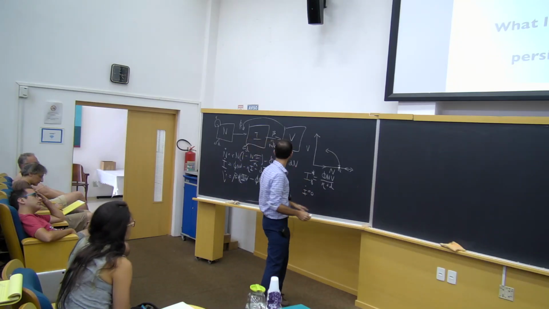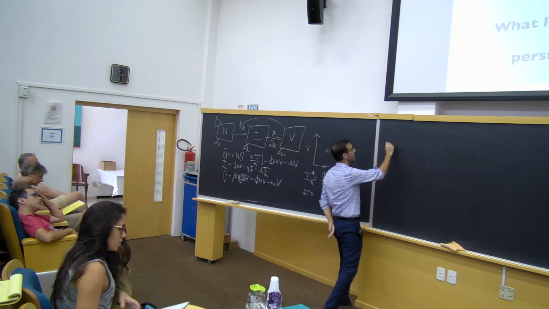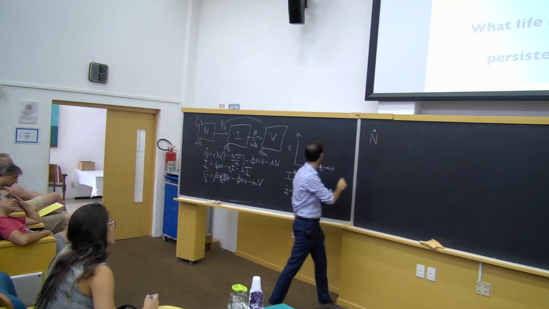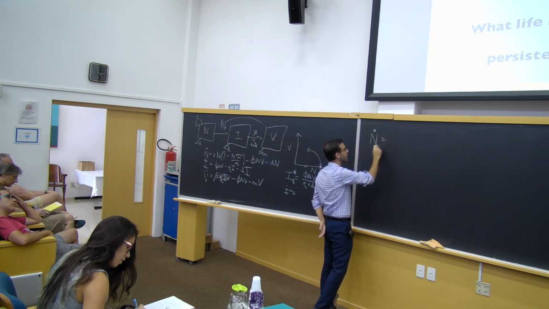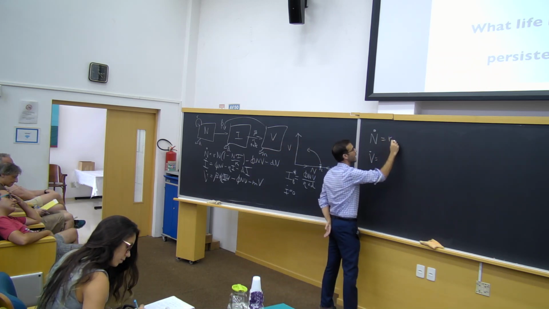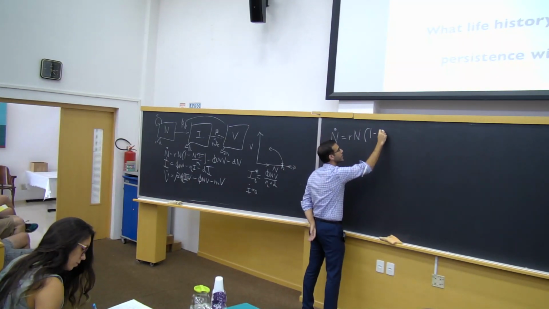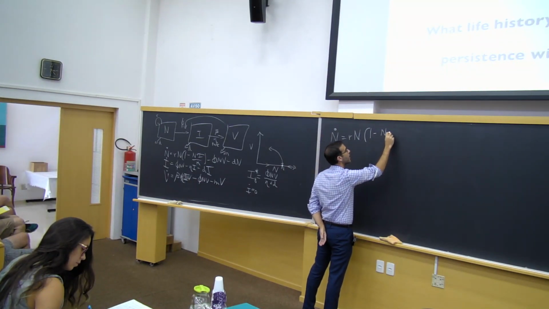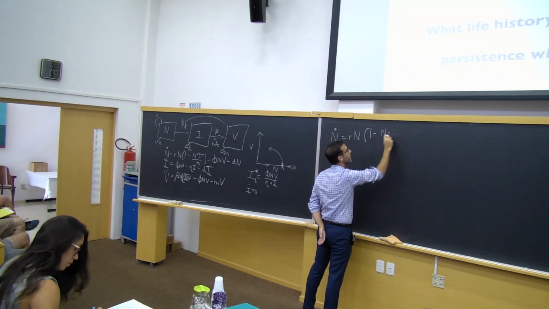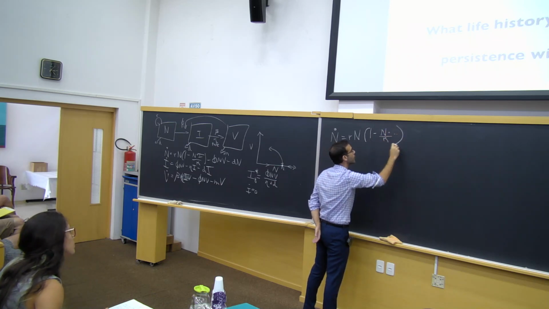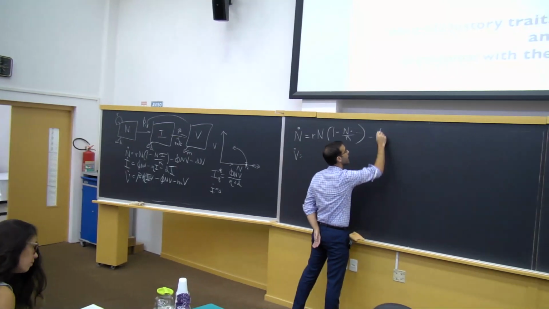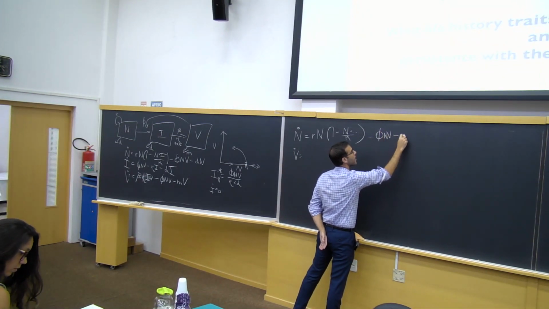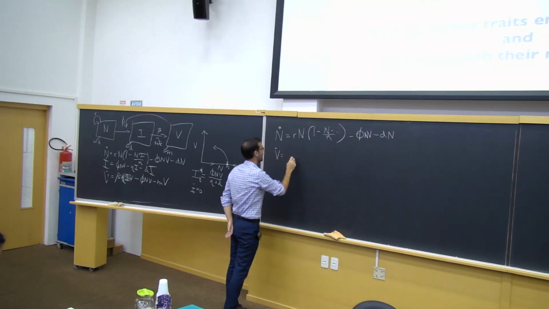The advantage of that is that we can rewrite this system in terms of a two-dimensional system. I could have started there, but it's nice to see where it comes from. So we have R n (1 minus n), and I have to do something there, I'll ignore that later, minus phi V n.